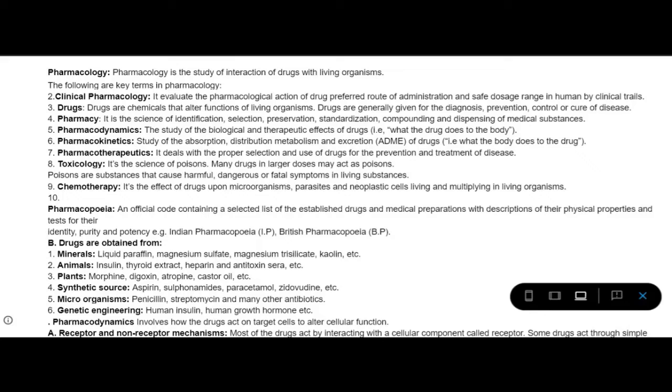For example, if someone has been diagnosed with malaria, you will not go ahead and give antimicrobials. Malaria is a parasitic infection, so we have to give the right drugs which are supposed to treat a parasitic infection like malaria.